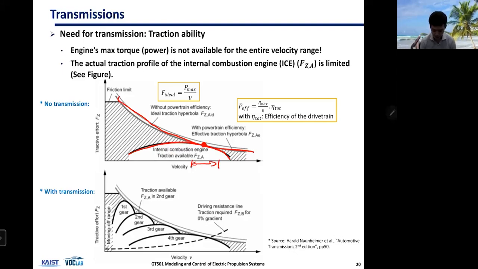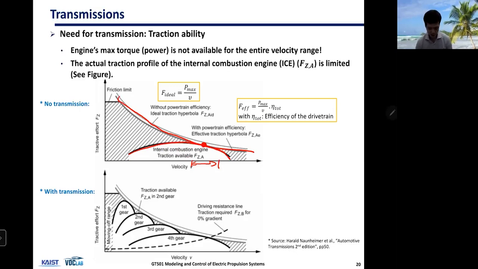Outside of this region, you cannot produce maximum power. So even if your engine can provide 100 kilowatts, if you have a fixed gear ratio, you cannot provide the maximum power over this whole range of vehicle speed.